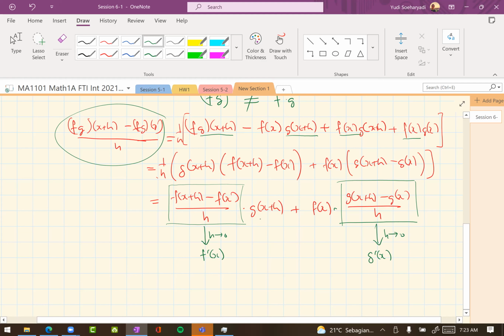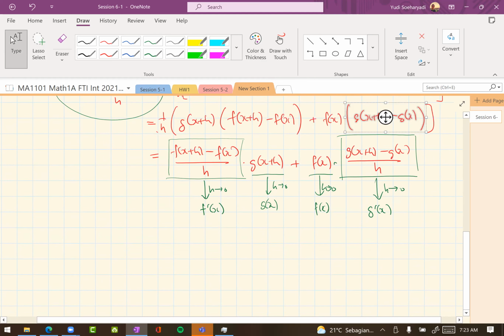Okay, and when this one goes to 0, this goes to g of x. Of course, this one remains the same. This is just x.